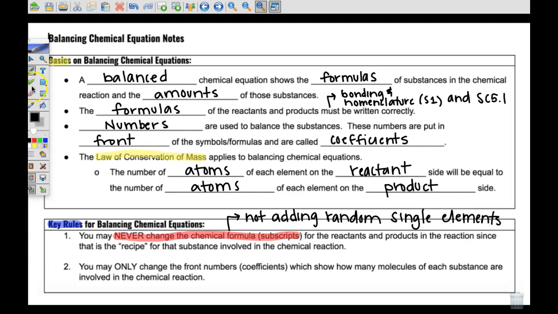What we can change, however, are the front numbers, or the coefficients. So what we'll be doing is we're adding sets, or we're adding molecules in order to balance chemical equations.